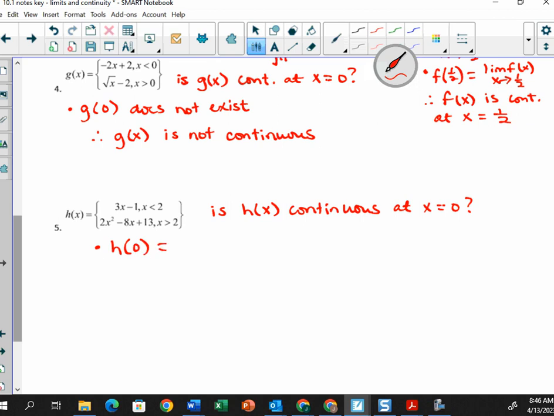So our first bullet point, we start with h of 0. What do we get? How do I know which piece to plug it into? The one that's left. So I plug it into the first one. What do I get? -1.